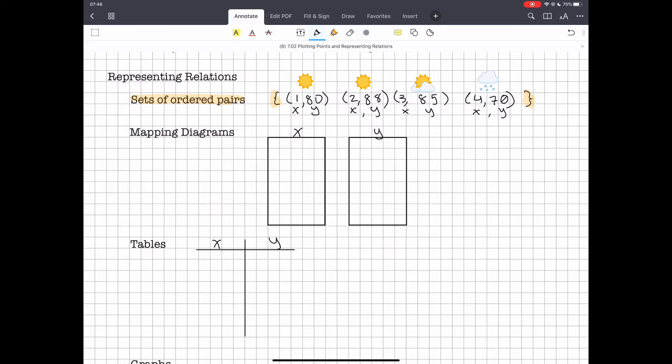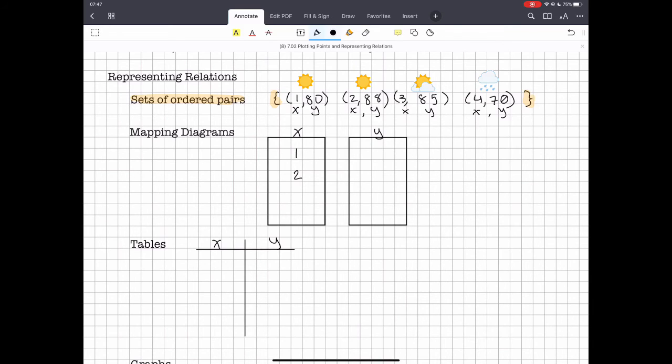A mapping diagram is another way of organizing, kind of like a graphic organizer. So instead of showing as a set of ordered pairs, we have these little boxes that contain our x values and our y values. So our x values would be our time.